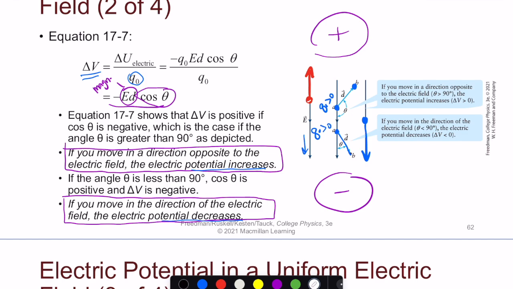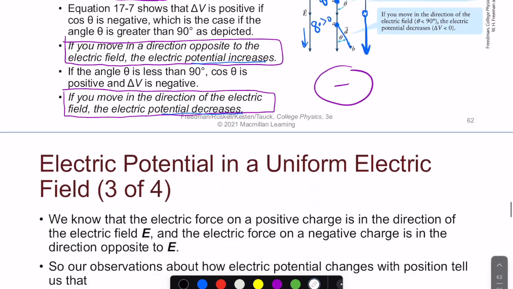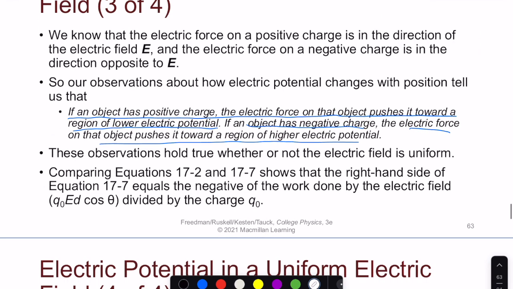Because this is negative and this guy positive. So this is always true whether or not the electric field is perfectly uniform. And what does uniform mean? Uniform means that the electric field has the same value everywhere in space.